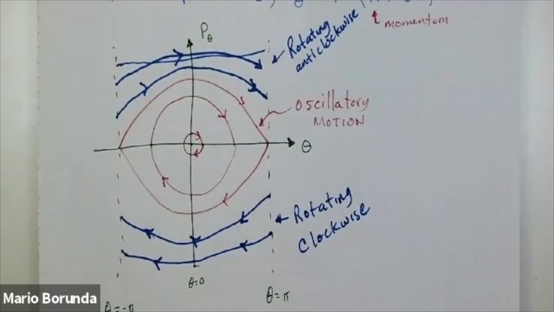So what does that mean? When it's passing at this point right here, the momentum was zero exactly at the top. So it's not a stable equilibrium.